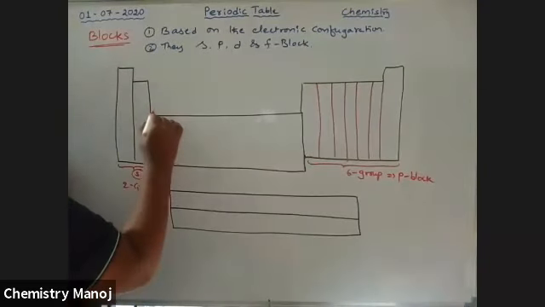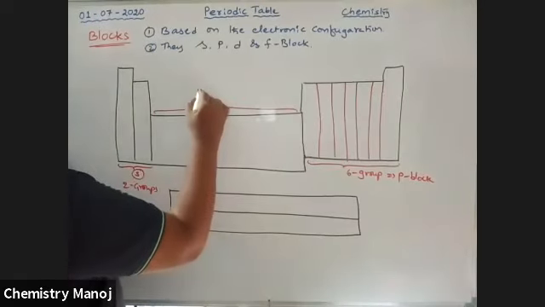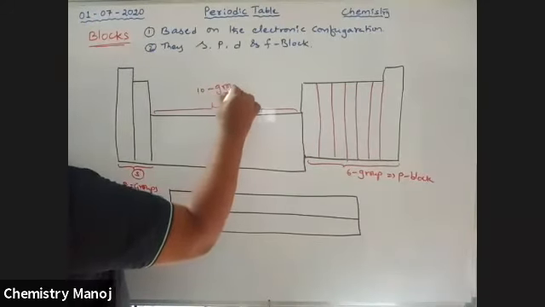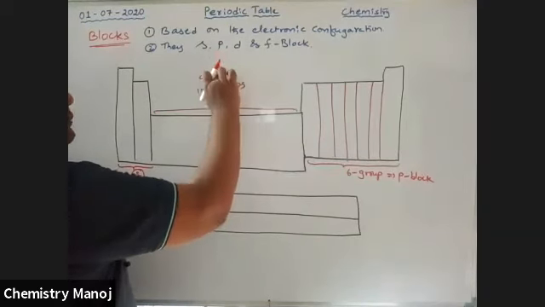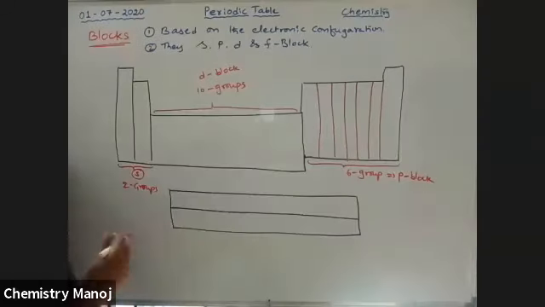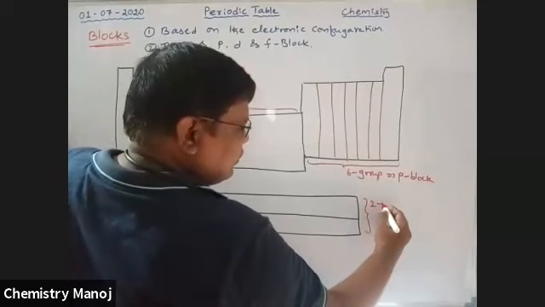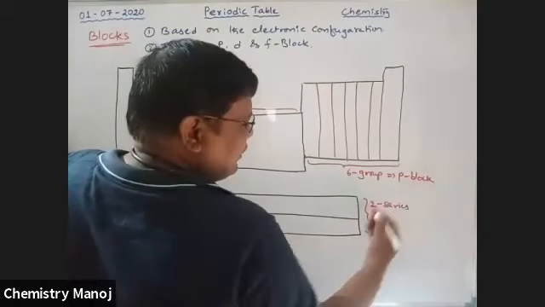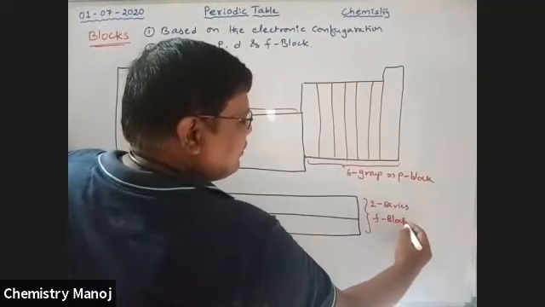Between this s block and p block, there exist 10 groups, and these 10 groups are d block elements. Here 2 series are there at the bottom. These are called f block elements.